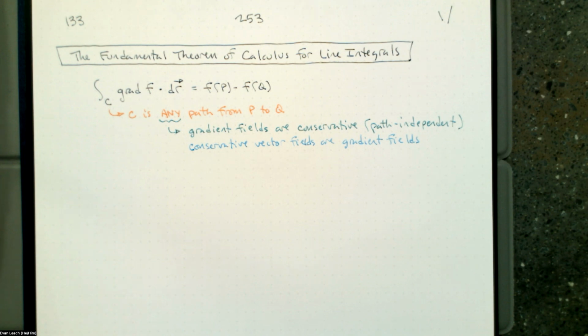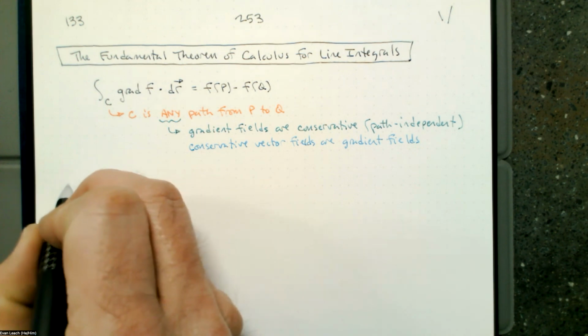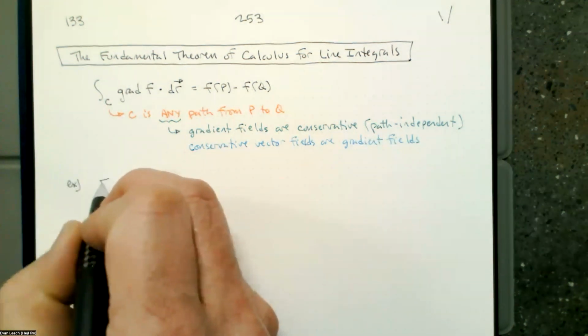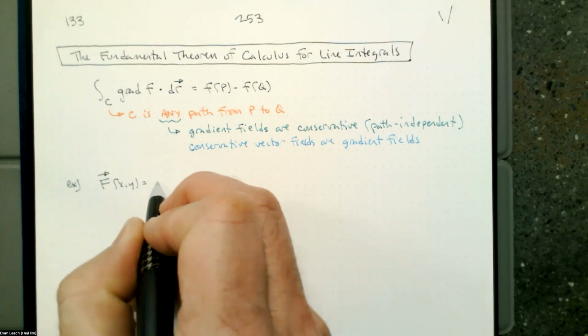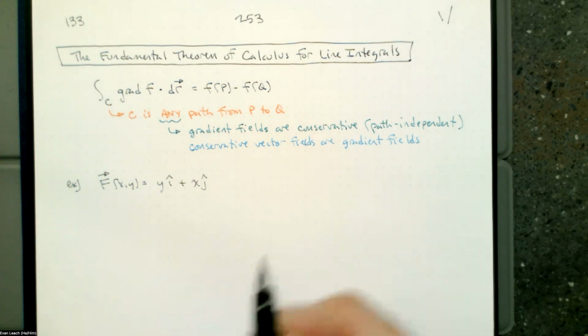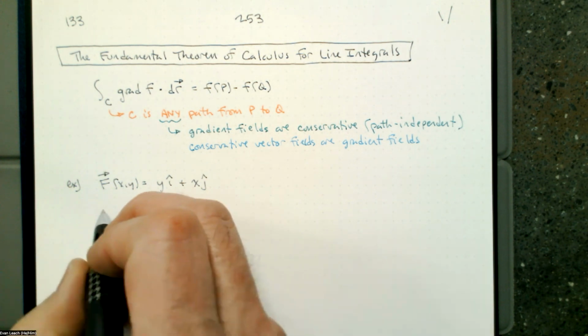So we had an example of this in the problem from Friday. I gave you a vector field F. Our vector field F was yi plus xj. And we had two different paths from (-1, 1) to (3, 9).